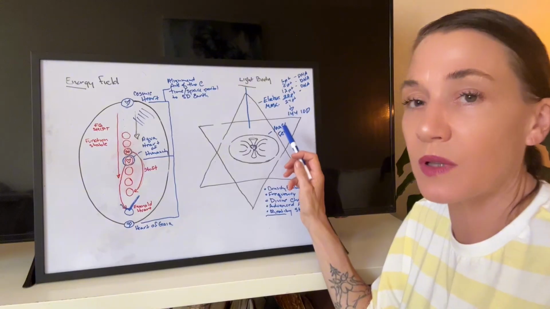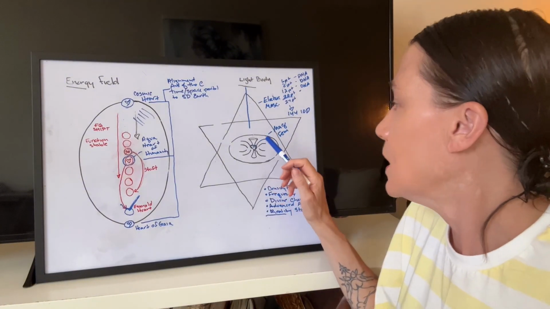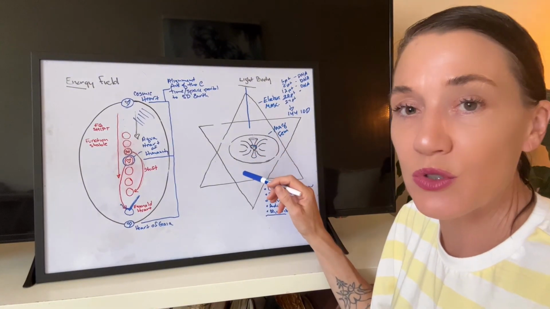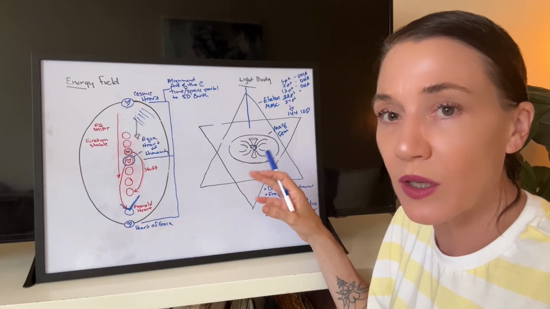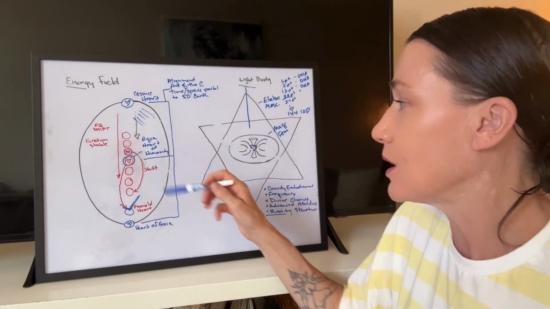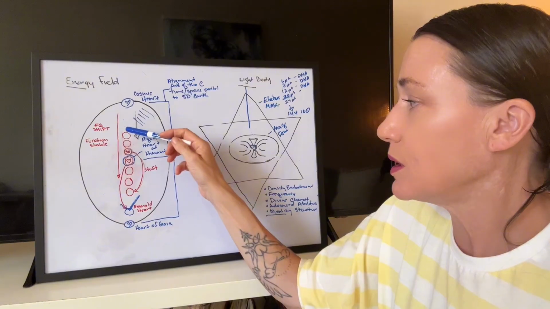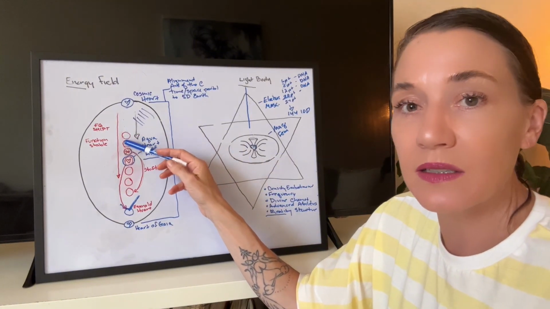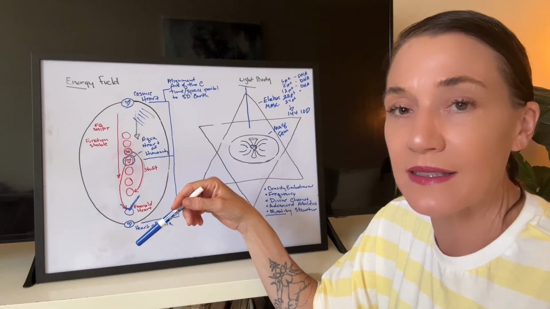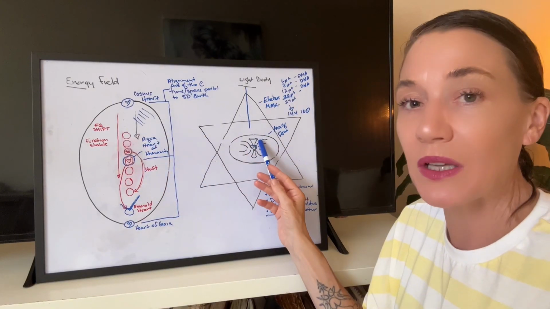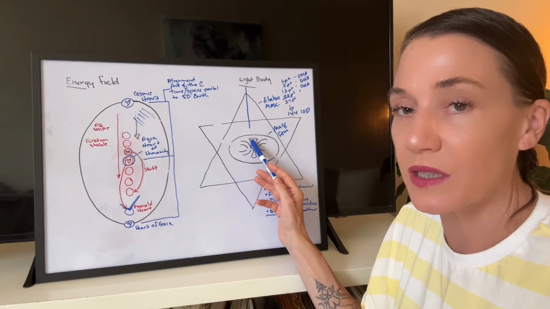Each more complex merkabic structure. And that allows you access to more information, more coding, more abilities, etc. Here, you could be 4D and have access to the third eye, clear seeing, clear senses, and never even build this structure. This is a completely different thing, okay?